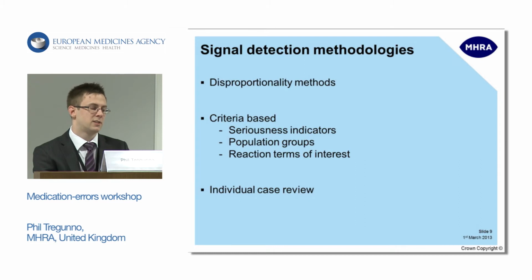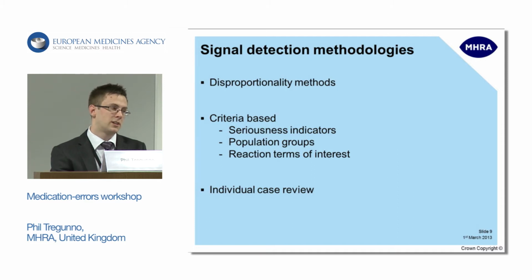Thinking a bit about signal detection methodologies, there are a vast number of different approaches, from individual case review, which is very complicated, or difficult at least, considering the volume of data that we're thinking about in this area. Thinking about disproportionality methods, that is where a drug event combination of interest is occurring more frequently for that particular drug than it is on average against the rest of the drugs on the database.